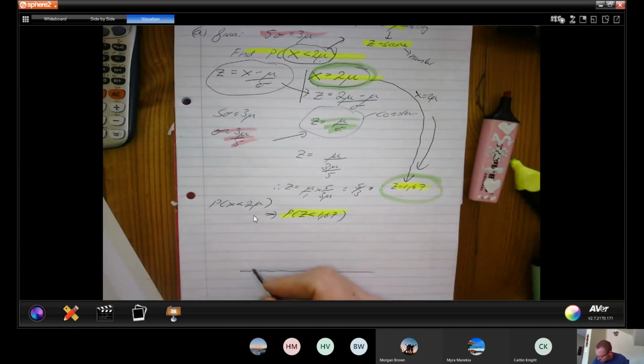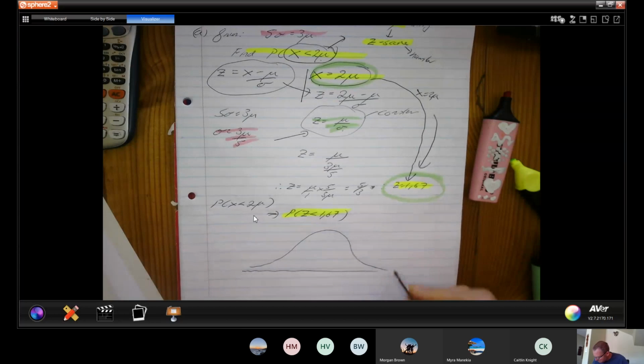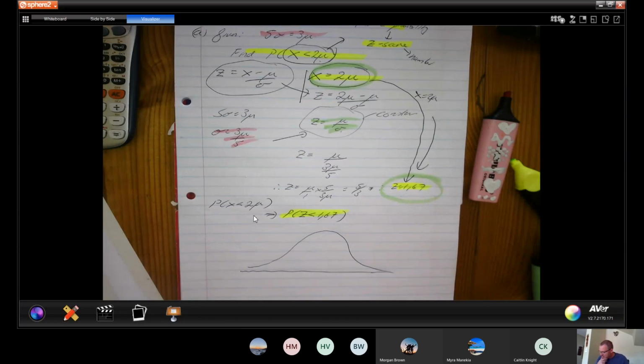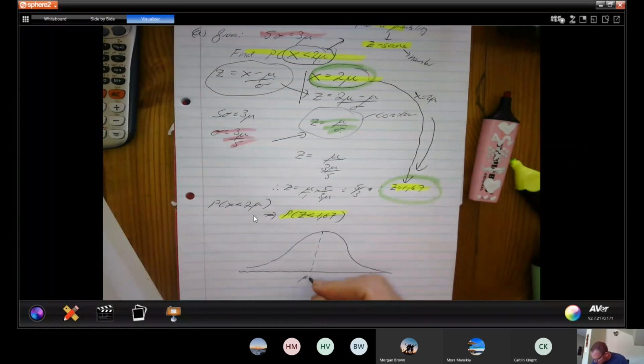So I'm going to draw my diagram. Remember, we're just looking at Z scores. So for Z scores, mu is 0, and 1,67 is to the right of that. I just want to check I'm on the right track here. What question are we doing, Mara? Question 5A. Yeah, I'm right. Okay, amazing.